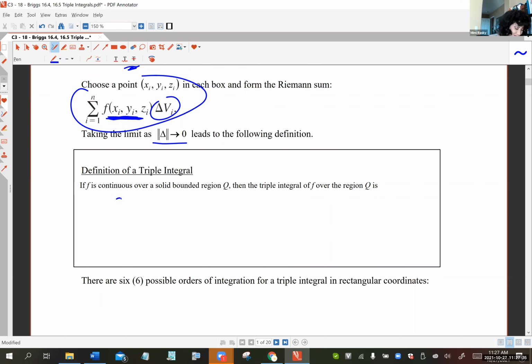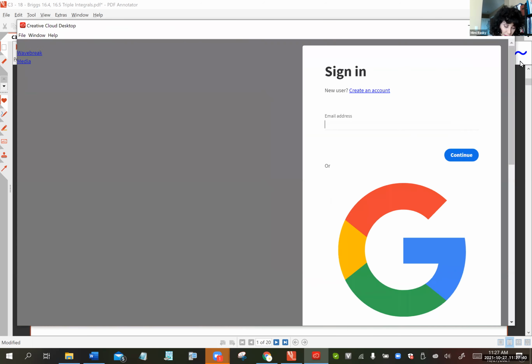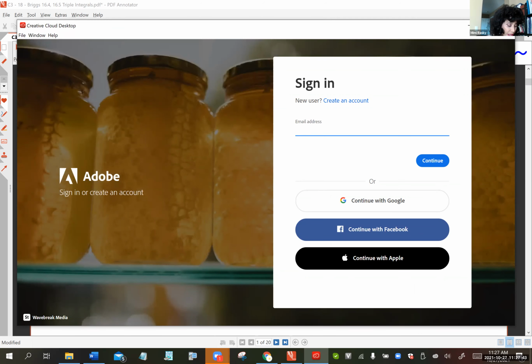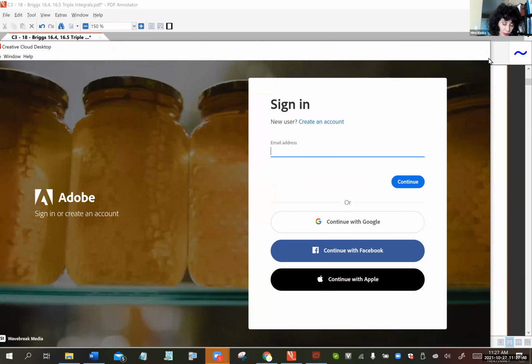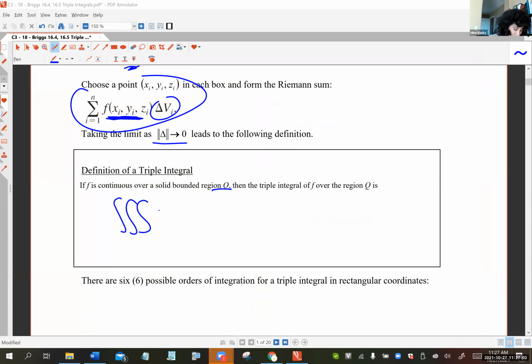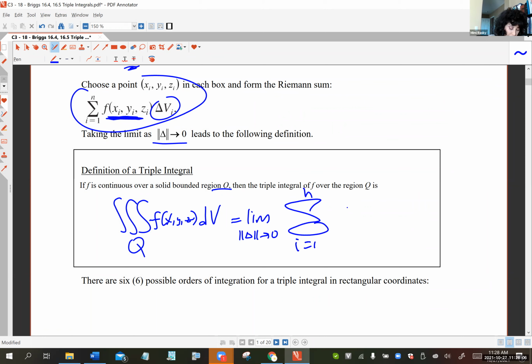So if f is continuous over your solid Q, then the triple integral of f over Q, and you're going to have a dV here. dV stands for the volume element, and that's equal to the limit as the norm of the partition goes to 0, sigma i going from 1 to n, f evaluated at x sub i, y sub i, z sub i, delta V sub i.